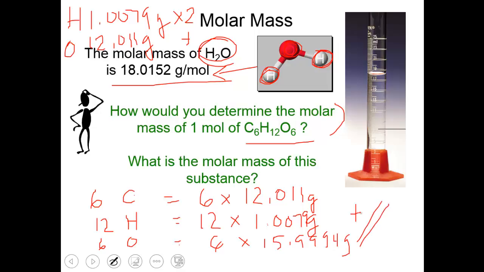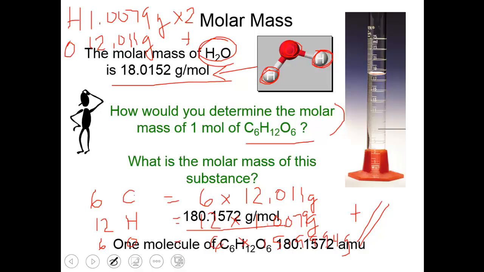And all you do is add them up. What you'll find at the very end is that the molar mass is 180.1572 grams per mole of C2H12O6.